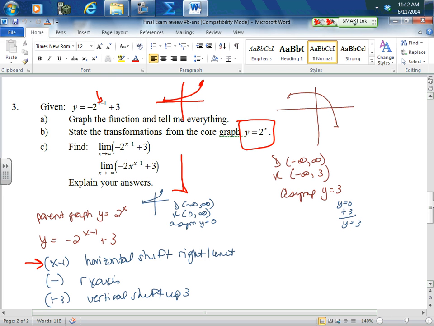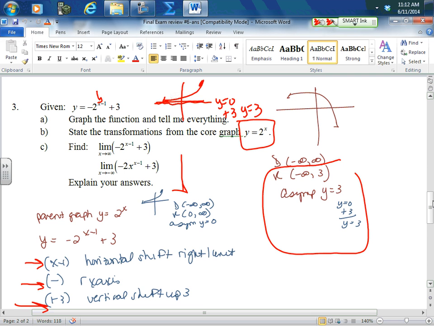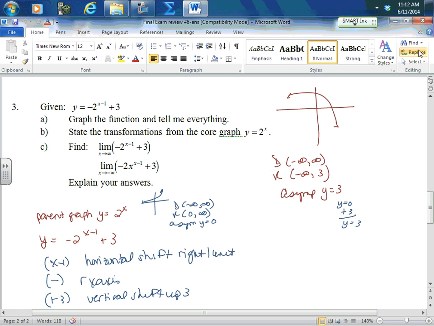The negative gives me a reflection. The +3 gives me a vertical shift up. Then change your domain and your range. The only thing that's going to change is your range and your asymptote. Normally right here is my asymptote, y equals 0. If I shift up 3, I am now y equals 3. So any vertical shift will shift your range and your asymptotes.